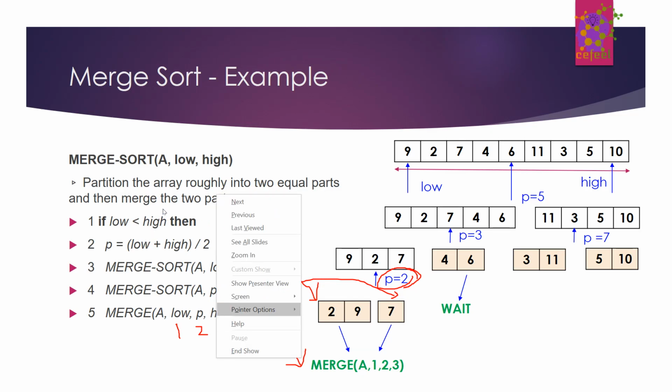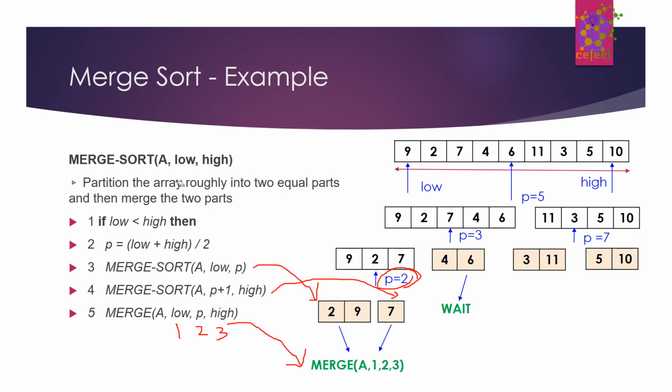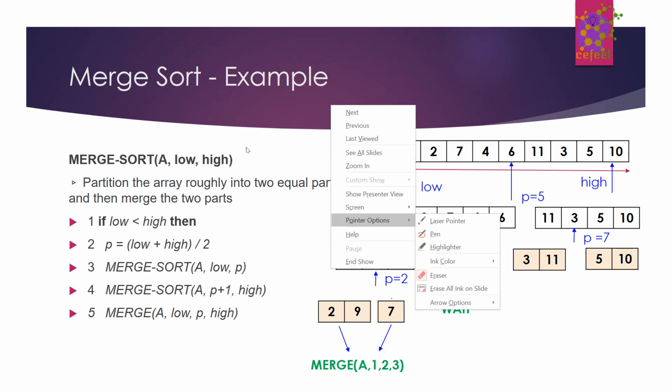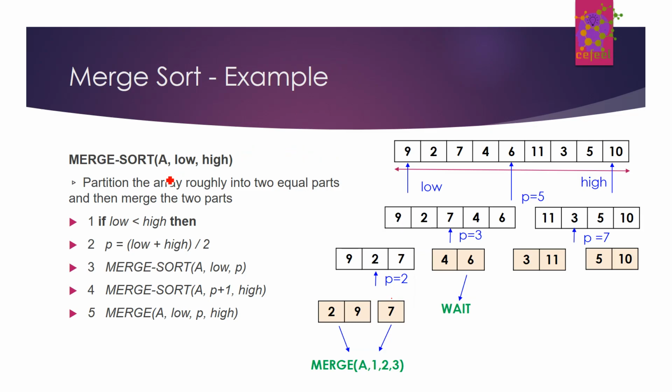So essentially what will happen in this case is, basically, p equals to 3. So merge operation will be called on this array, merge sort will be called on this array. So in this case merge sort from this has to still return back, and this merge sort has now returned 4 and 6.